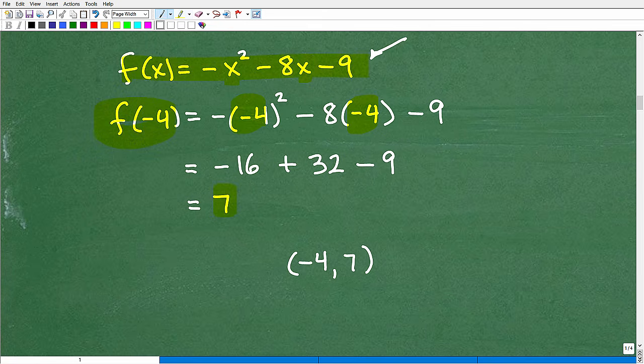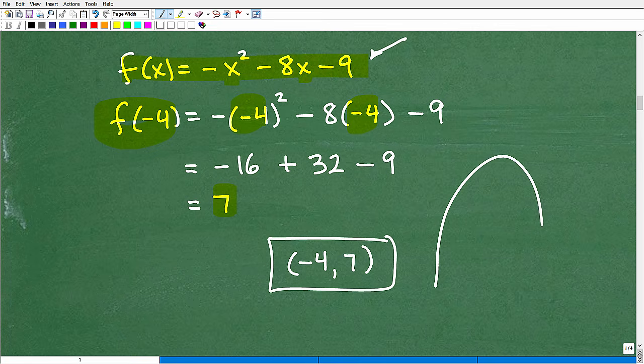So the top of that parabola is located at 1, 2, 3, 4, negative 4, 7. Okay, 7 this way. All right, not negative 7, but 7 in this direction right there. So that vertex, that maximum point for this parabola occurs at negative 4, 7.